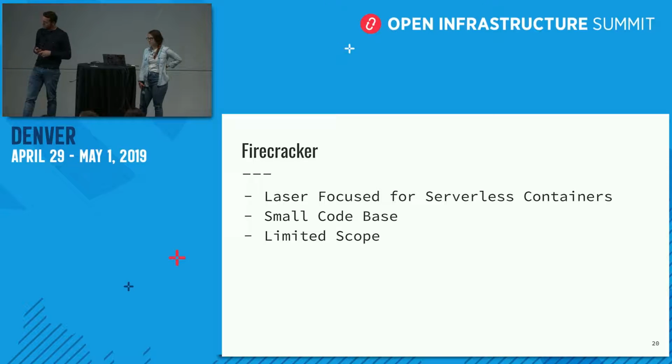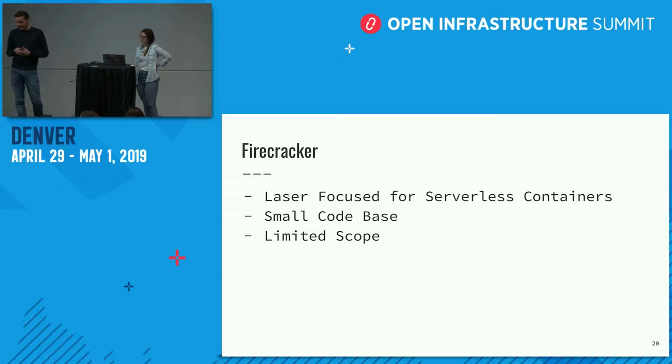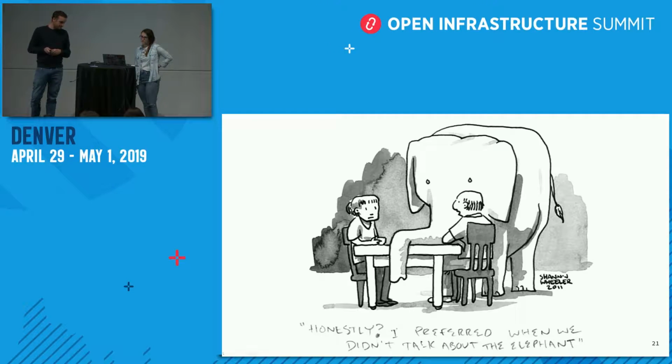If you want to have your container workload being elastic, being able to get more CPUs or get more memory, basically being able to hot plug resources into your container workload, Firecracker doesn't do that either. If you want to share your host file system, you can't do that. So there's a few features that Firecracker does not support, and as a consequence, you can't run all workloads with Firecracker, right?